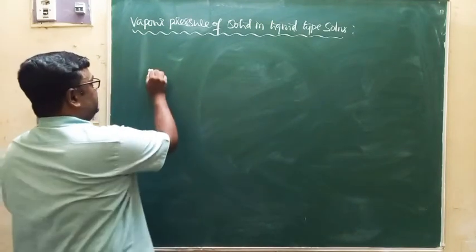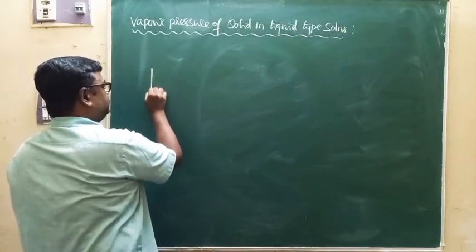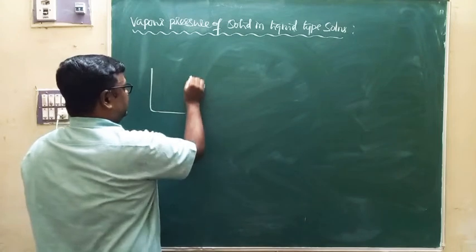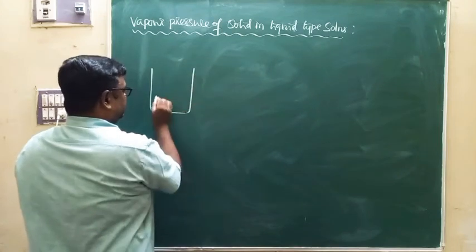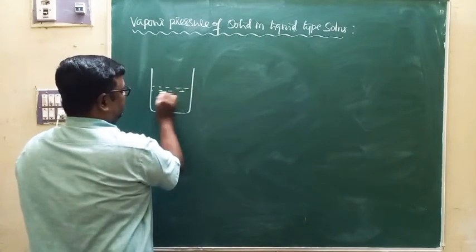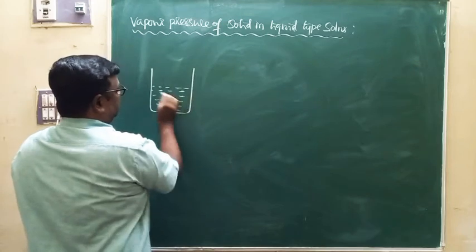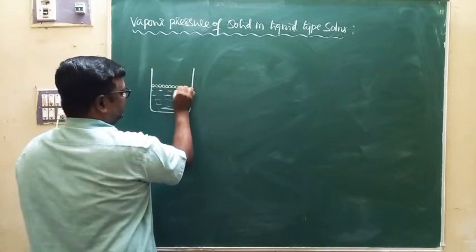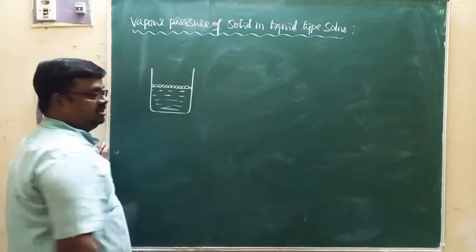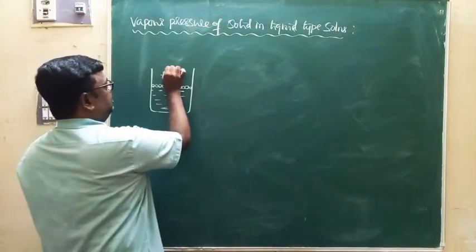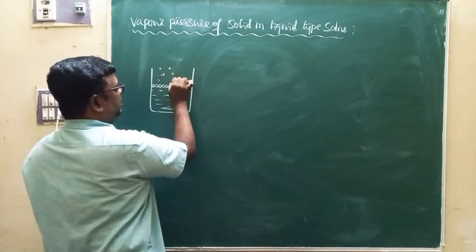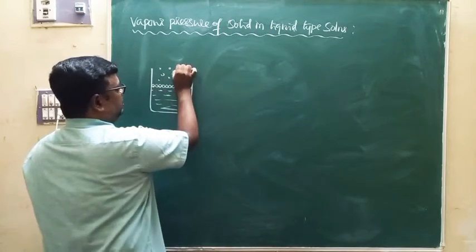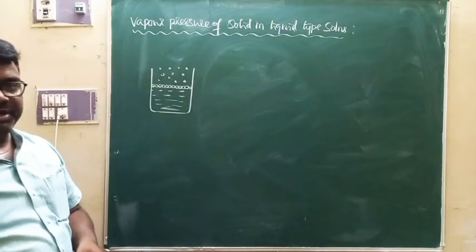Just imagine one beaker containing water. Of course, you'll find water molecules above the surface of the liquid. This is the surface of water. Above the surface of water, you'll find water molecules, and these water molecules will contribute to the vapor pressure of water.